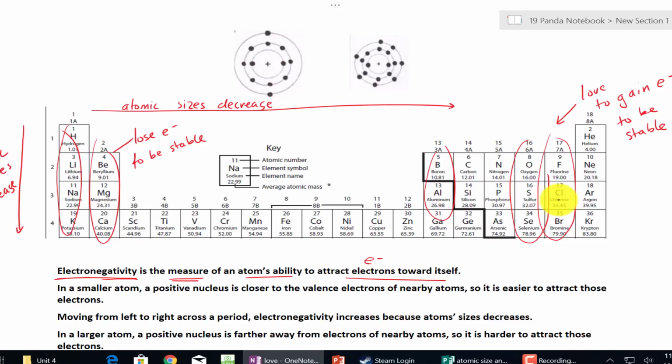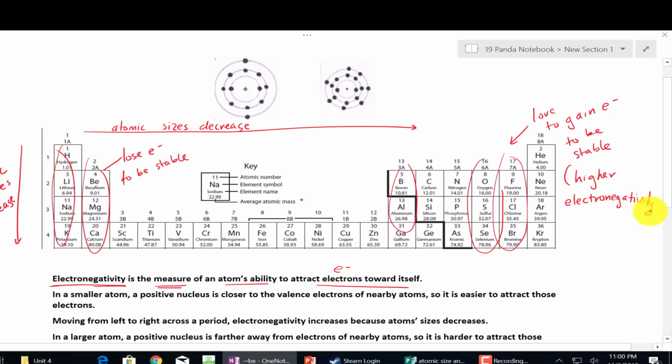So which of the two will have a higher electronegativity? Of course, the one with the higher ability of wanting to gain electrons will have higher electronegativity. So over here, you would have higher electronegativity. And we are going to abbreviate electronegativity with EN, okay? So that's the abbreviation for it.